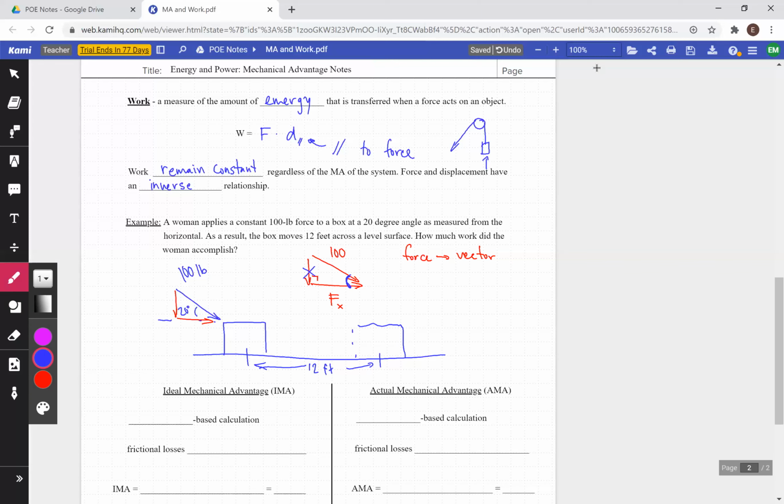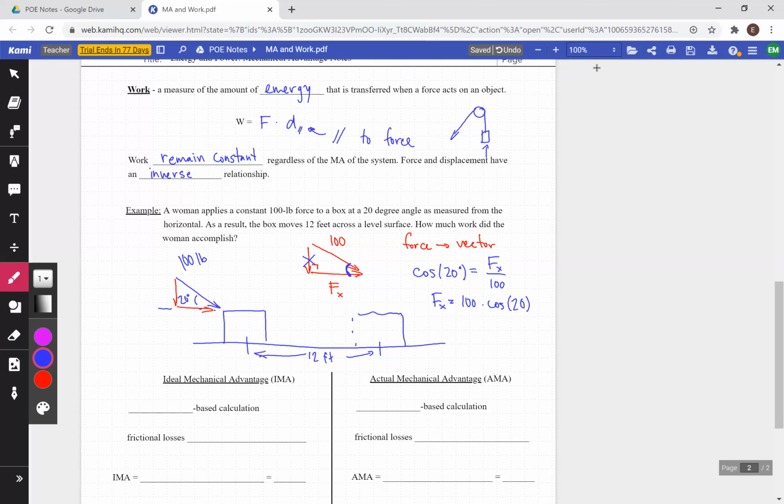We can say that we have the adjacent side and hypotenuse, so cosine of 20 degrees is equal to adjacent over hypotenuse, or Fx is equal to 100 times the cosine of 20 degrees, whatever that is. Okay, and so that's the amount of force that's actually doing work.